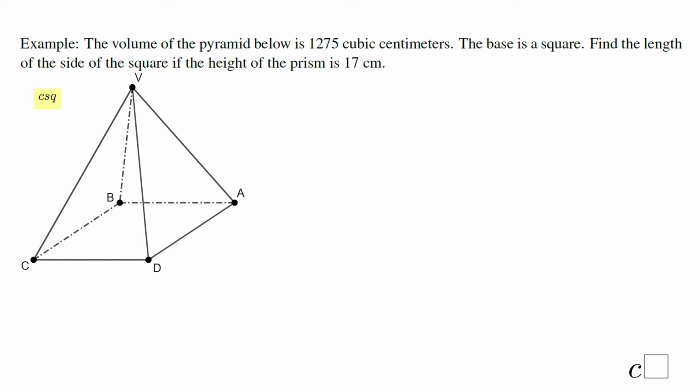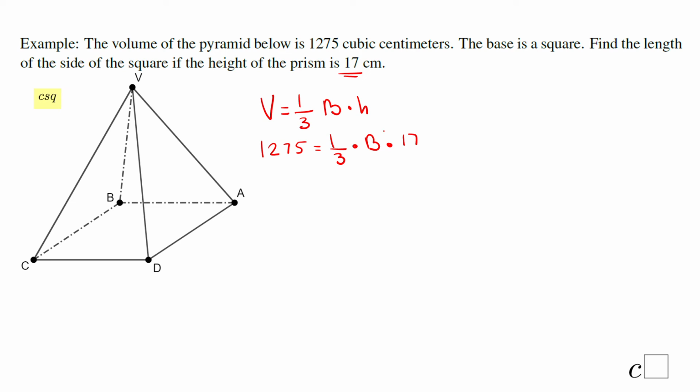Okay, so we have here the formula, volume equals 1/3 area of the base times the height. So we need to find the side, and we have here the volume 1275 equals 1/3 times the b. The b is the thing we need to find out first, and the height is given, it's 17.